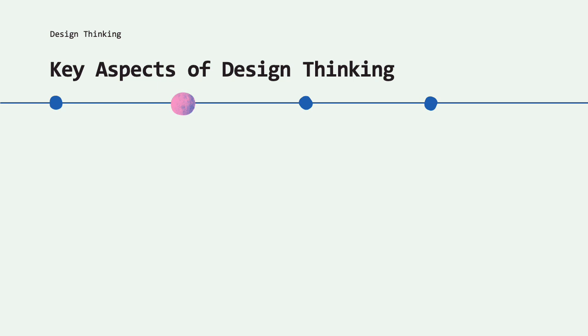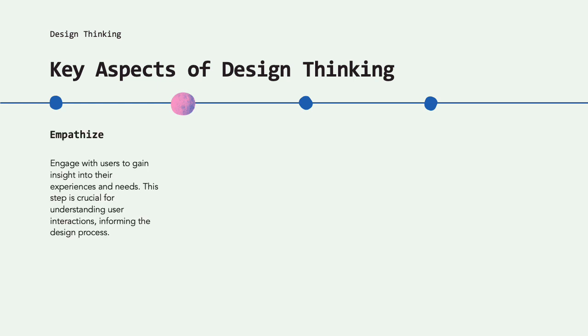What are the key aspects of design thinking? Empathize. Engage with users to gain insights into their experiences and needs. This step is crucial for understanding user interactions, informing the design process. This can be done via user interviews, user journey maps, and observation notes.